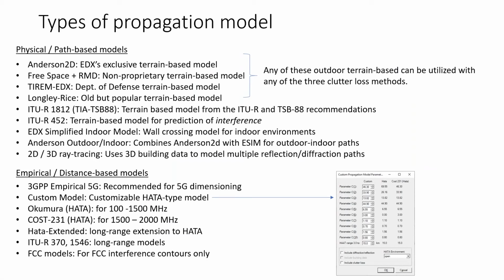So now let's talk about the types of propagation model, or the propagation model names. There are 2 main approaches for making a path loss estimate between any 2 antennas. We think of those as physical or deterministic path-based models. In that category, the model is trying to extract the exact terrain elevations and the exact clutter elevations along the geometric path from transmitter to receiver.